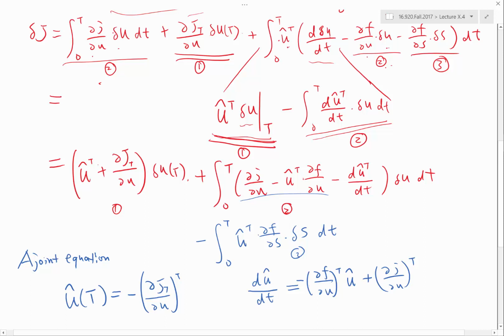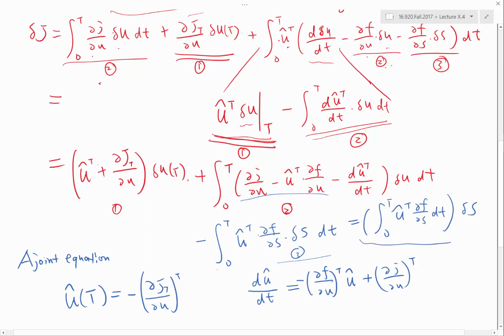It's just that when you apply the adjoint solution in the third term, you need to transform it back into the t space. And here, I can just say this is equal to the integral of û of t partial f partial s dt, this whole thing times delta s.